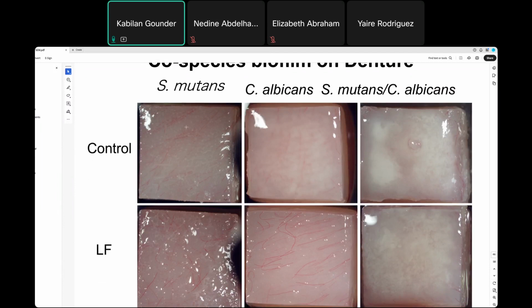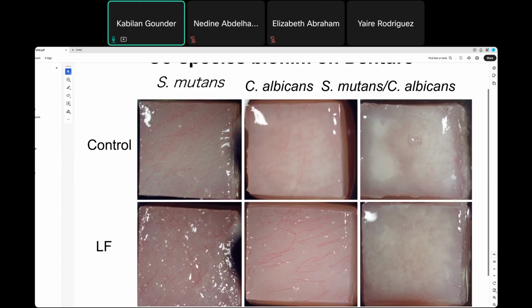So this is Streptococcus mutans and Candida albicans forming biofilm on the surface of the denture, and this is a dual species.